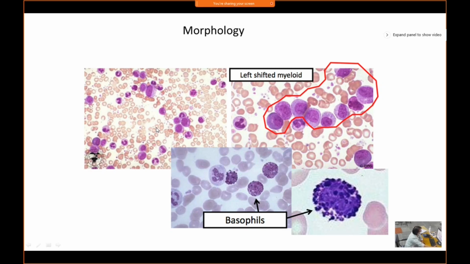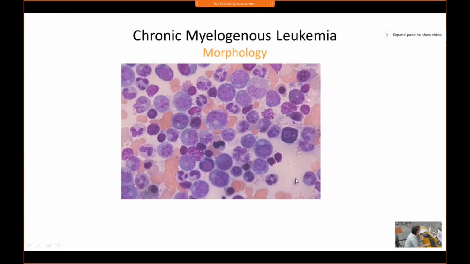And shift to left means that the immature myeloid cells come into the peripheral blood. And basophils also proliferate. So this is a picture of a basophil, and these are basophils here. Usually in peripheral blood, basophils are very, very less than 1%. But in CML, you get basophilia, and you get this shift to left, meaning that the immature myeloid cells come into the peripheral blood.